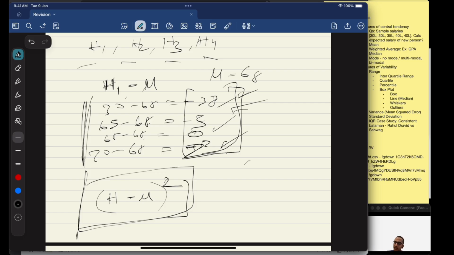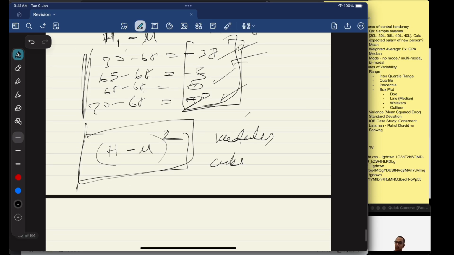We could take a modulus as well. We could take a cube or whatever, but cube does not handle the negatives, and modulus actually makes the math slightly more complicated. So in order to make things easier, we just take a square here.